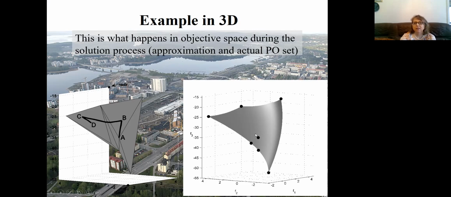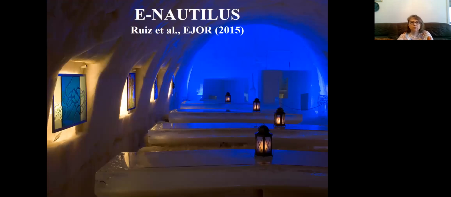We have taken these black dots as they are the outcome of the a posteriori method. So we create the approximation with them, and we get, in this case, this polyhedral set, and then the decision maker can move around in this set conveniently and see, as said, in real time the trade-offs of the objectives.